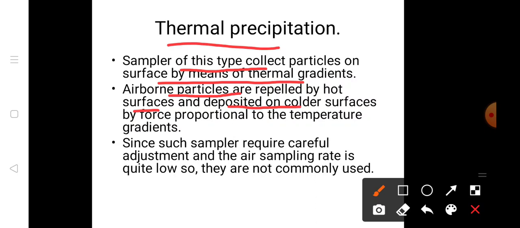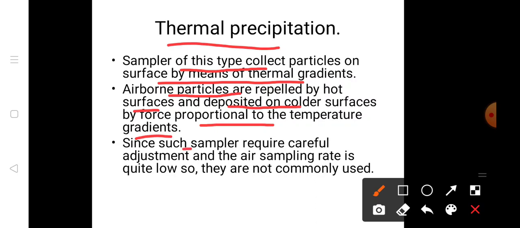One side there will be the hotter surface and the other side the colder surface. Microorganisms in the air repel from the hotter surface and get deposited onto the colder surface by a force proportional to the temperature gradient.